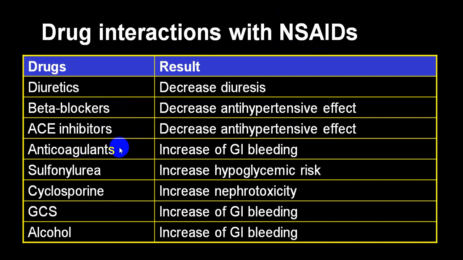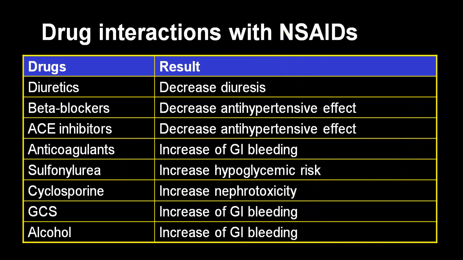On anticoagulants, particularly aspirin will increase GI bleeding. And even other non-steroidal anti-inflammatory drugs will increase the chances of GI bleeding if a person is on an anticoagulant. As far as sulfonylurea is concerned, it will increase hypoglycemic risk because some of the NSAIDs will increase hypoglycemia.